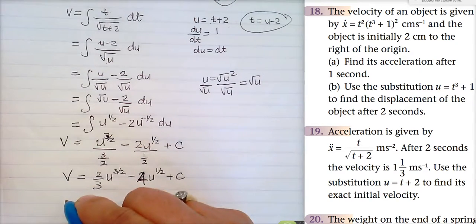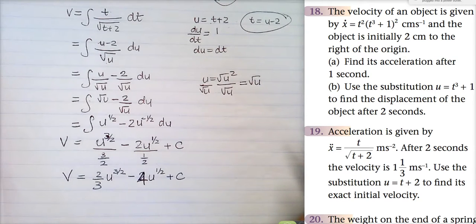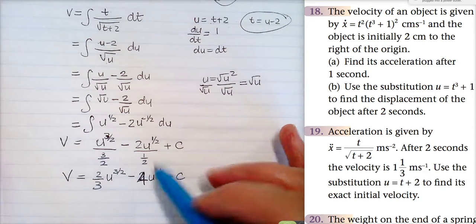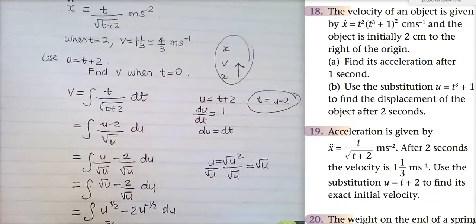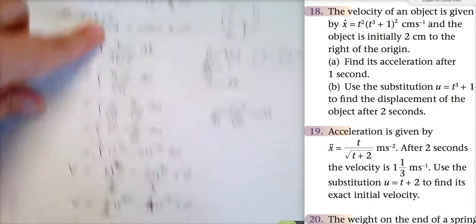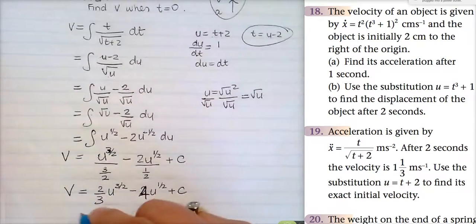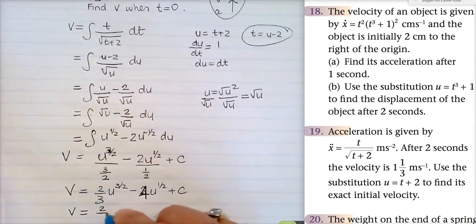Good, now substitute. Luckily, when t is 0, we can't substitute because we got u's and not t's, so we need to substitute back. So u equals t plus 2. So let's change the u's to t plus 2's.